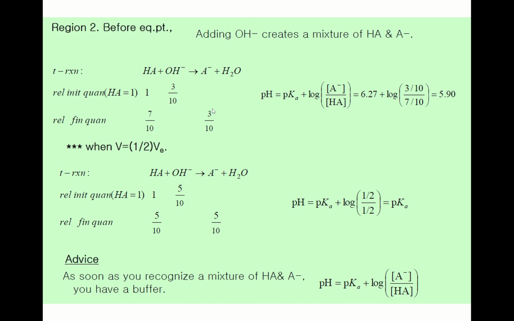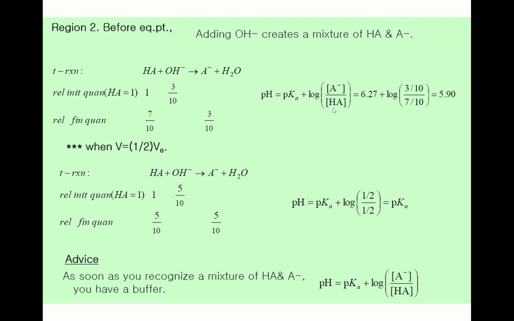We apply the Henderson-Hasselbalch equation here. pH equals pKa plus log of the anion concentration divided by the HA concentration.